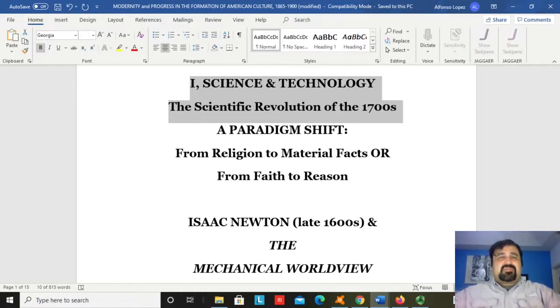And that is the area of science and technology. As I mentioned just a moment ago, this is an area that people consider so important, knowledge and tools, because those are needed in order to solve problems.